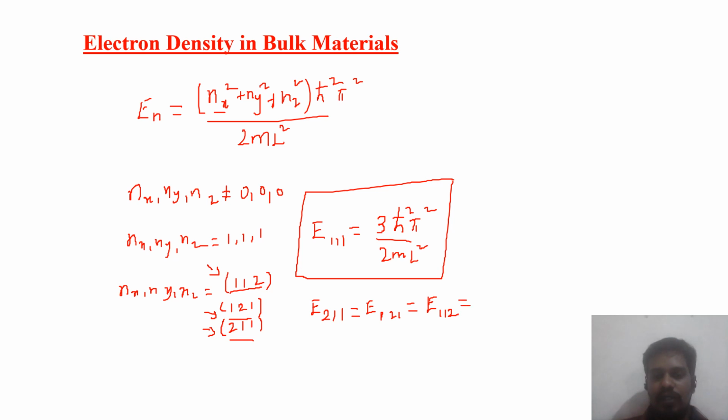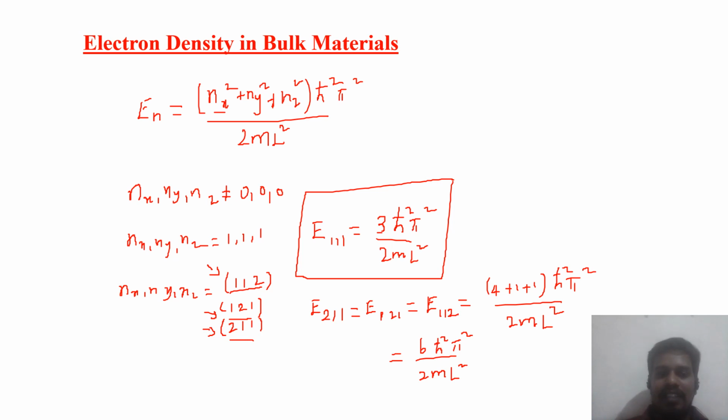That energy, if you substitute the values, is nx 2 square plus ny 1 square plus nz 1 square, which gives 4 plus 1 plus 1 times the reduced Planck constant square, pi square divided by 2m, the length of the material L square. So that value is equal to 6 h cut square pi square divided by 2mL square.